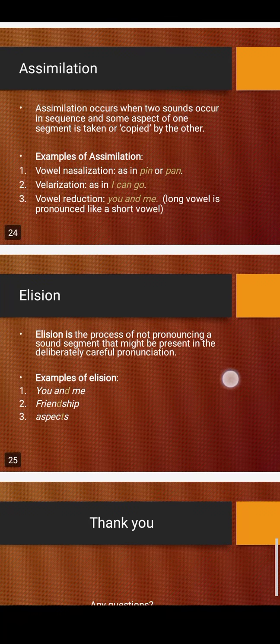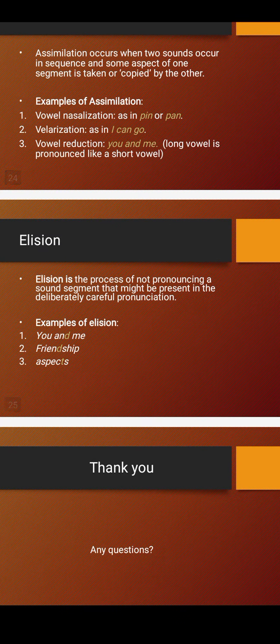Then let's see what elision is. In elision, we skip or just do not produce a part or segment of a speech sound. We omit many sounds in our everyday casual and rapid speech. For example, you and I. You and I is a correct grammatical structure.